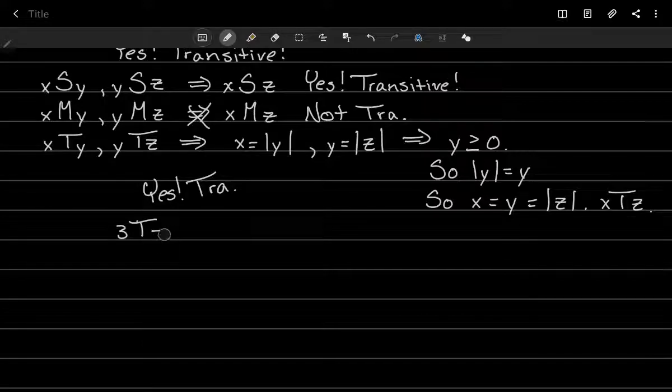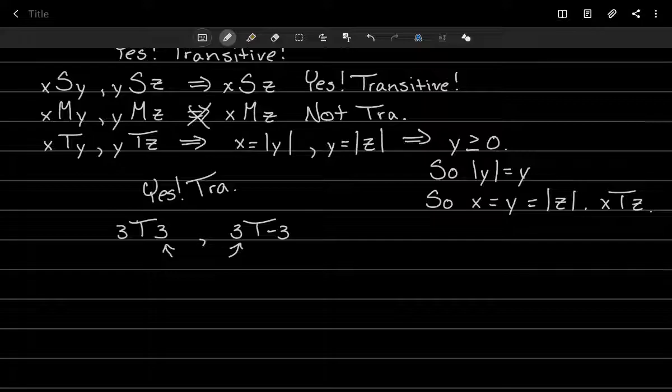The only time I'll get a match is if that second one is positive. Then I could have something like this: 3 is related to itself and 3 is related to negative 3, which I can collapse down to get 3 related to negative 3 by collapsing away the middle. So transitivity does work on that one.